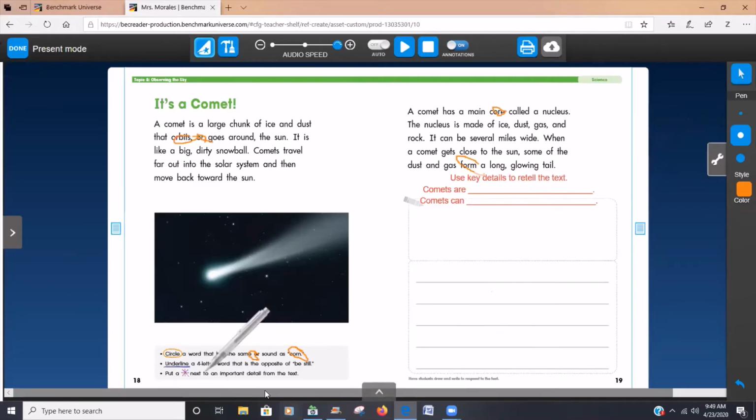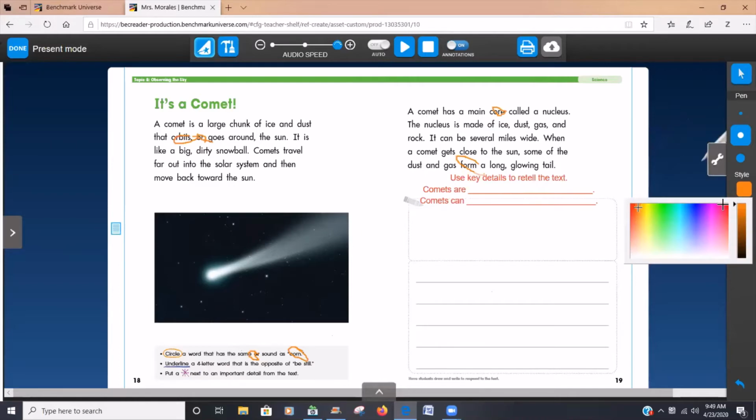Now I go to my next annotation: underline a 4-letter word that is the opposite of be still. So I need to change my color to purple. Remember, the opposite, it's like boy, girl, night, day, sun, moon.